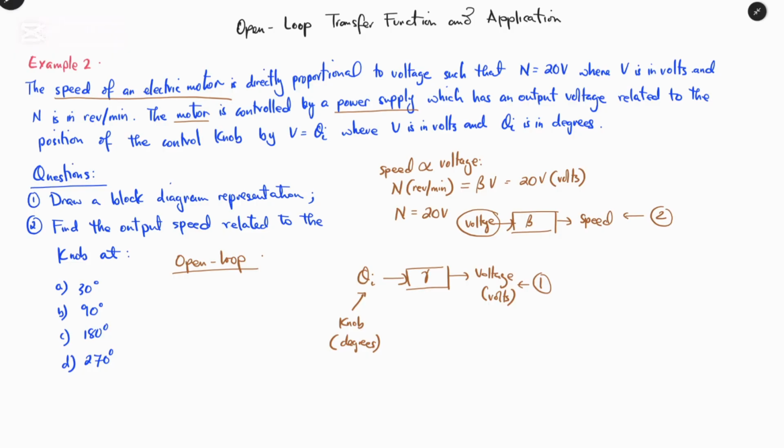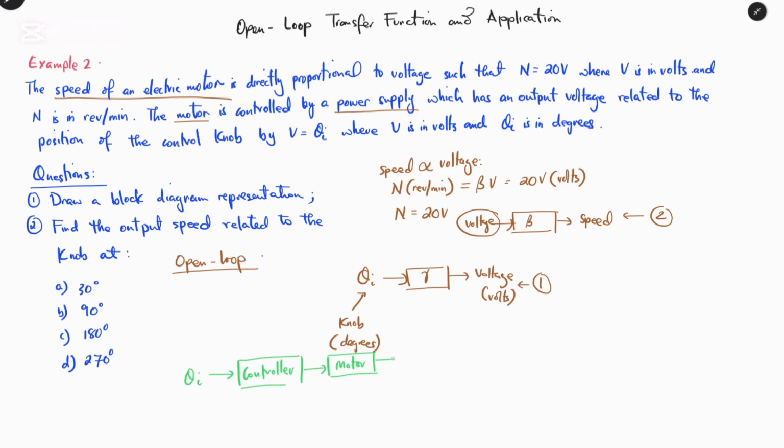The open loop system begins with theta I as an input into a controller, and from the controller we have the motor.